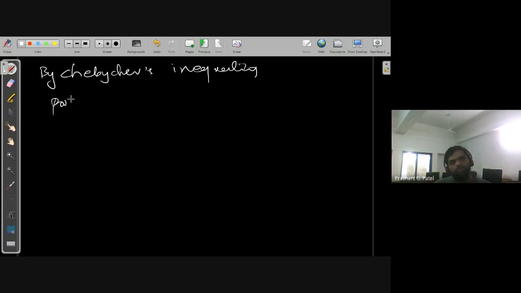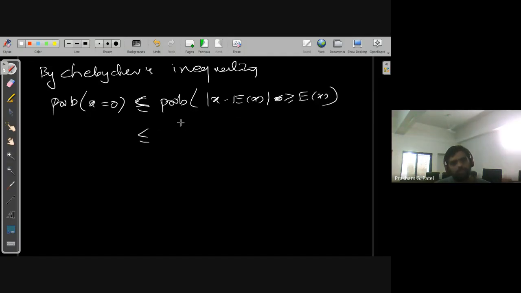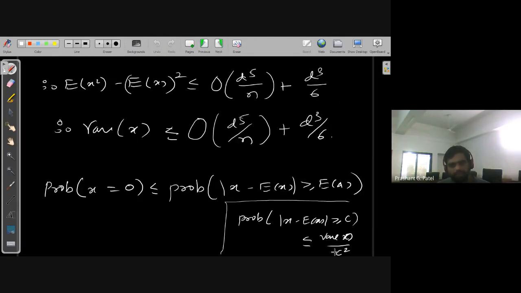the probability of x is equal to 0 is less than or equal to the probability of mod of x minus E of x greater than or equal to expectation of x, which is less than or equal to variance of x upon c square.